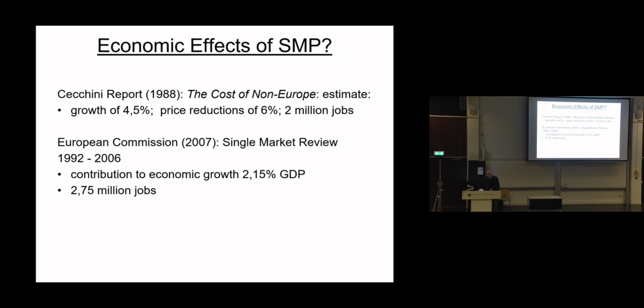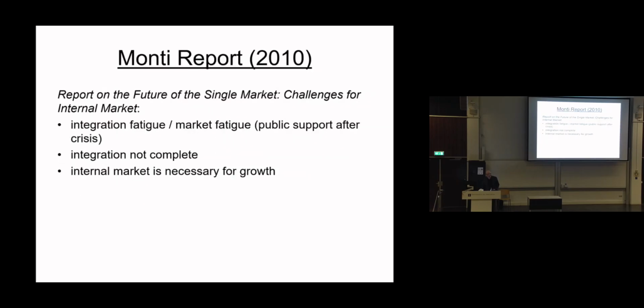So, taken all together, the conclusion is that the single market program was very successful, although there remained all sorts of pockets, corners where we still need to do away with trade barriers, but the program was quite successful.